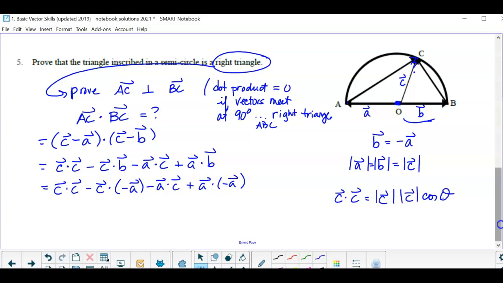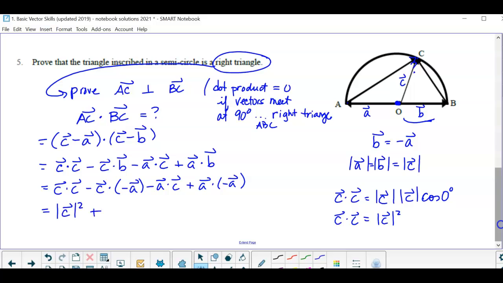Well, the angle in between them is 0 degrees, and cosine of 0 degrees is 1, and that's going to apply to any that have the same. So this is going to be magnitude of C squared.